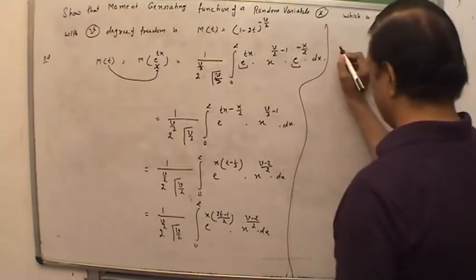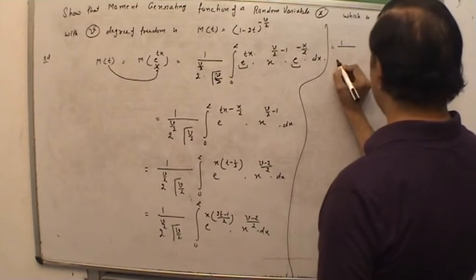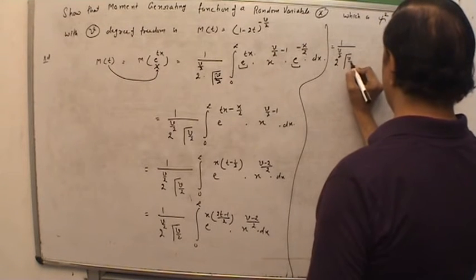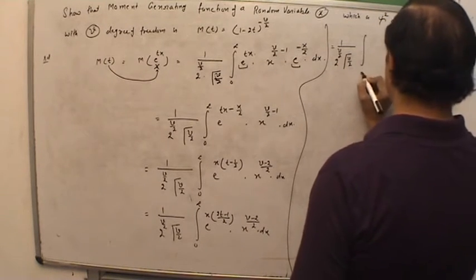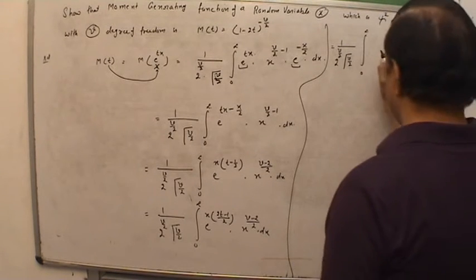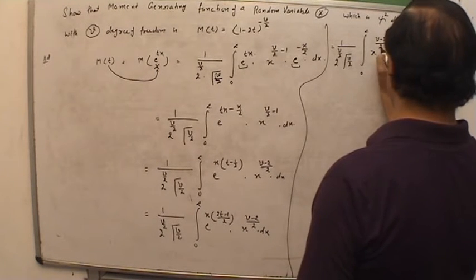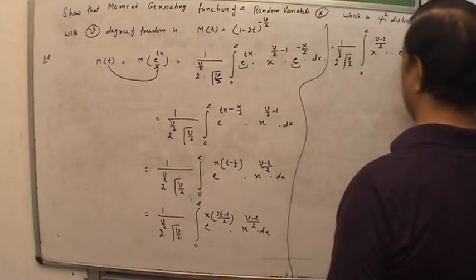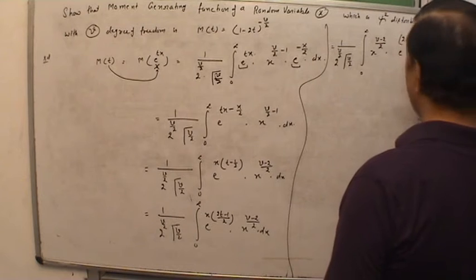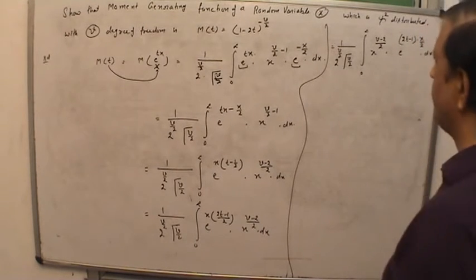That is equal to 1 upon 2 raised to the power v by 2 gamma function of v by 2 integration from 0 to infinity. Here we write x raised to the power v minus 2 divided by 2 into e raised to the power 2t minus 1 into x by 2 with respect to x.